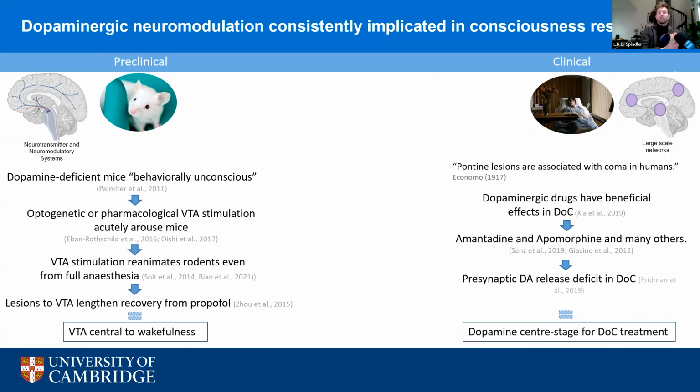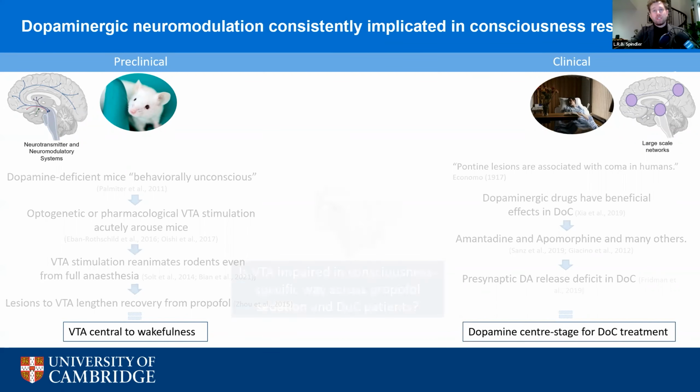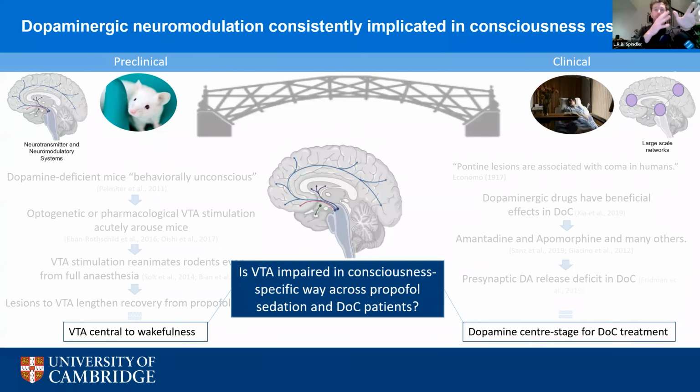So again, we have dopamine as being center stage for disorders of consciousness treatment. Nevertheless, no one had looked into whether, in both pharmacological and pathological consciousness perturbation, there may be something that shows us that VTA function is impaired, because ultimately this could very much provide a translational framework that we're thus far missing for understanding the effects of these drugs.